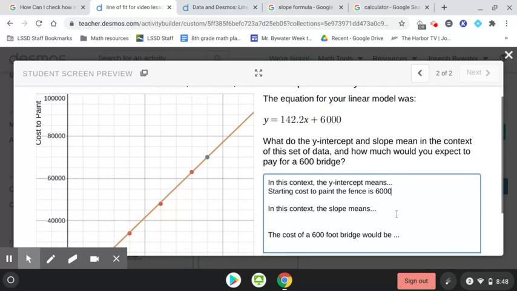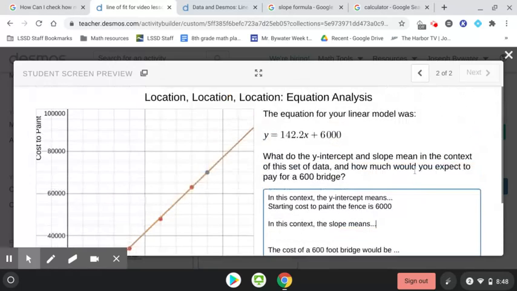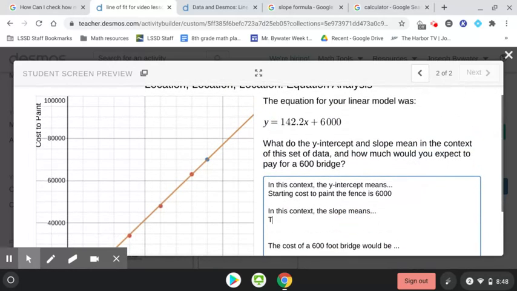The slope, that just means the longer the bridge is, the more expensive it costs to paint it. And I can be a little bit more specific because I know the slope. I can say the cost of painting the fence increases $142.2 per foot.